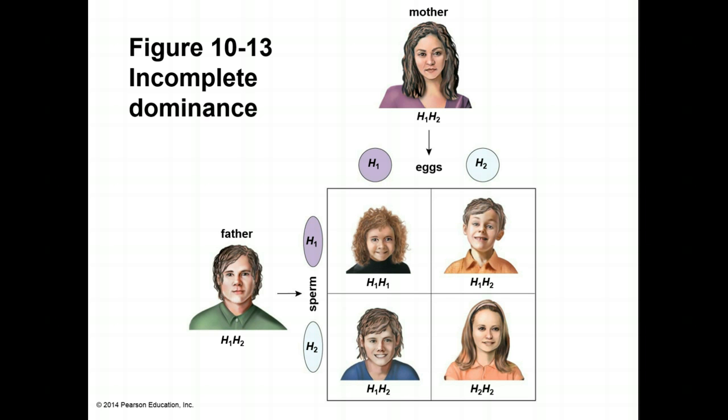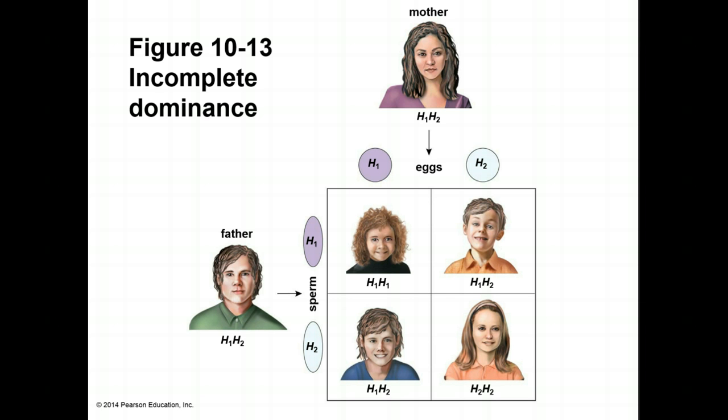Human hair texture is an example of a trait that follows incomplete dominance. Human hair texture is influenced by a gene with two incompletely dominant alleles. In this example, we will call them H1 and H2. A person with two copies of H1 will have curly hair, as in this example.